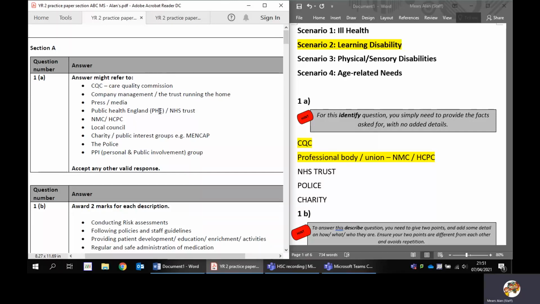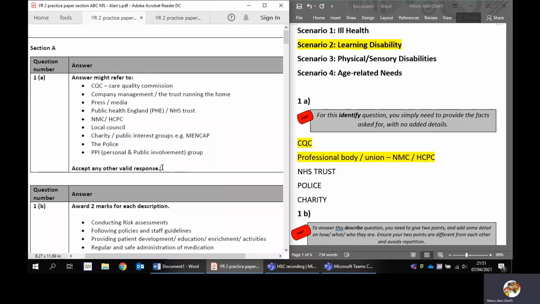Public Health England. We said NHS Trust, we could council, the police, and the personal and public involvement group, the PPI group. So not the kind of claim you can make if you owe PPI, but this is a group who monitor healthcare settings. Obviously you find them a bit like a CQC, they inspect and they monitor progress, but it's kind of informal and it's more like a neighbourhood watch almost style of observations and inspections.